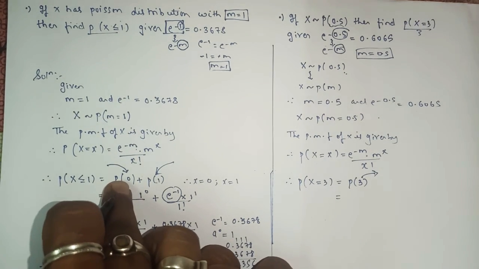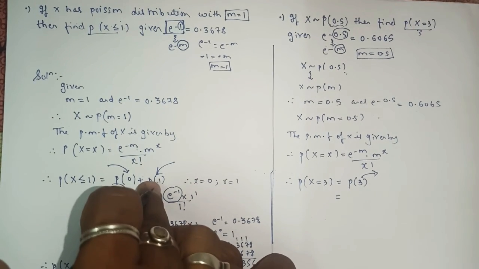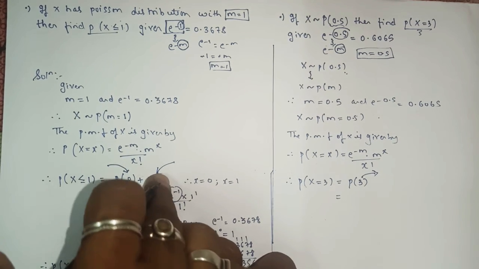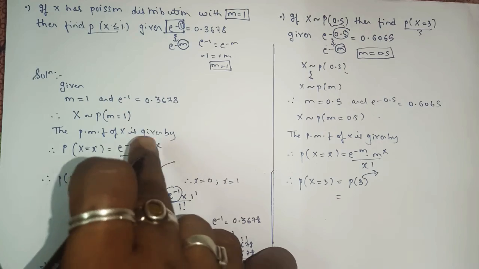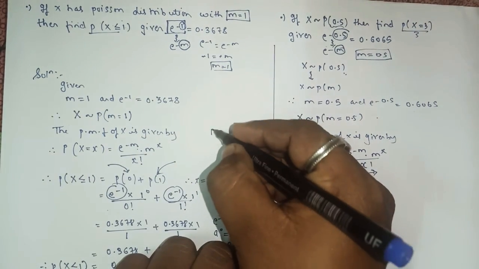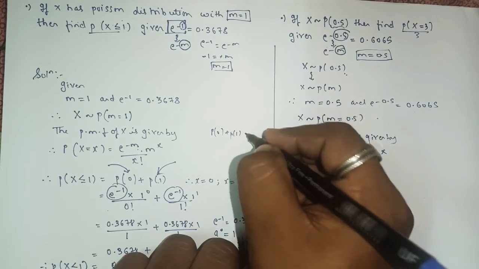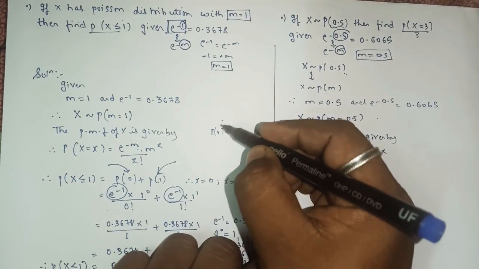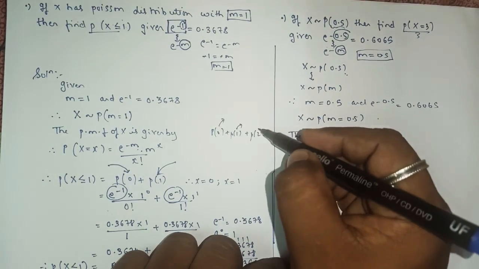In the previous one we saw P(0) and P(1). Whenever you come across a sum like that, where we have two values, you have to apply the Poisson distribution formula that many times. Suppose we have P(0), P(1), P(2). It means we have to apply the Poisson distribution formula first for 0, then for 1, and then for 2.